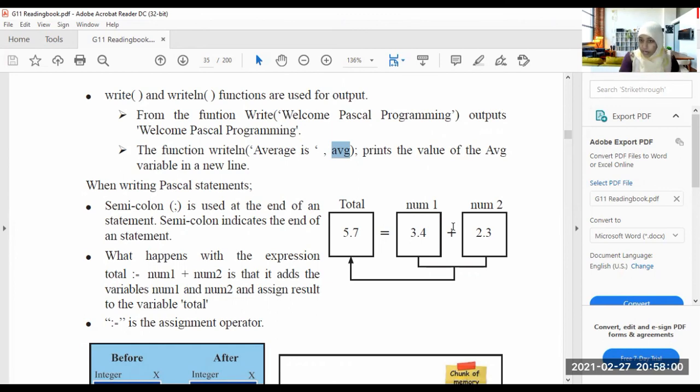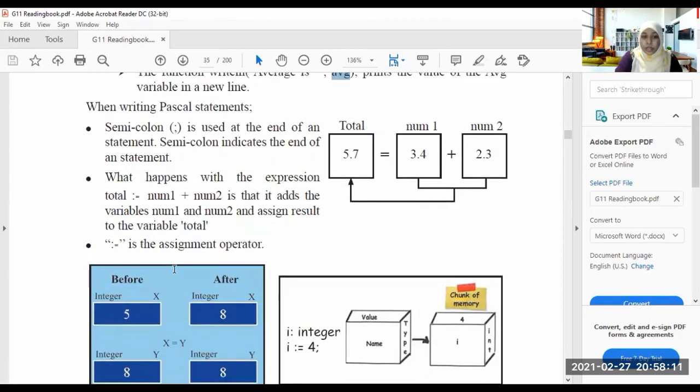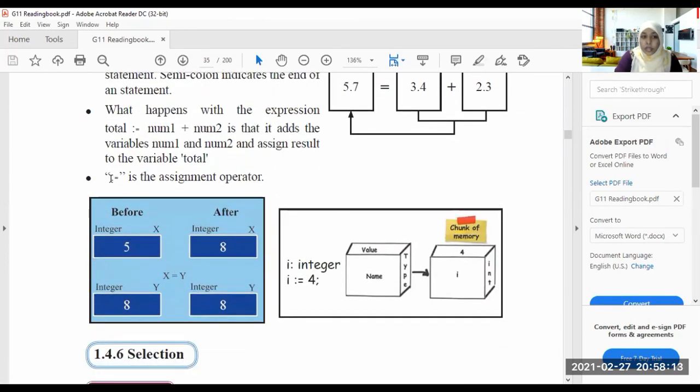Again, I am inputting another number. So that means the total should be the addition of these two numbers. So I am telling the program, right? So the variable total, this one is the assignment operator. This is the assignment operator. Total is equal to num1 plus num2.